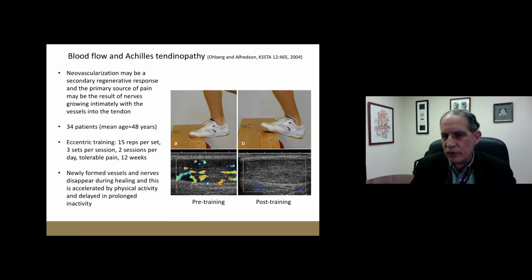It is also important for you to know that there is a theory that the reason why these patients have pain is that the pain signal comes from the nerves that grow together with the blood vessels. So if you get rid of the blood vessels, you get rid of the pain receptors. That's the point. And again, these are the exercises that I explained to you before, and this is the outcome. Very clean tendon.